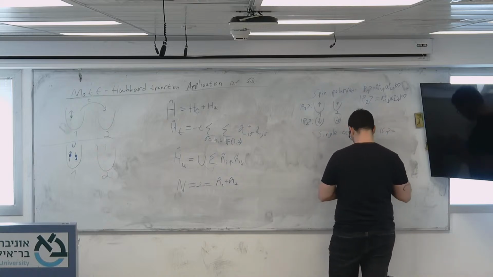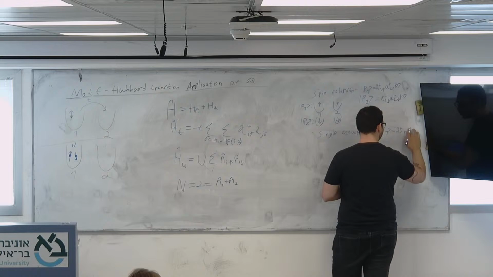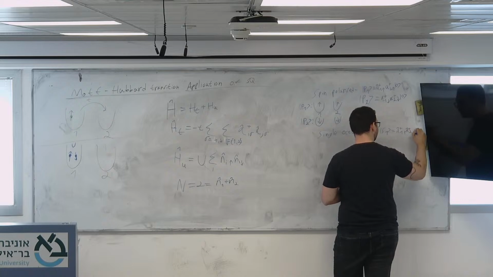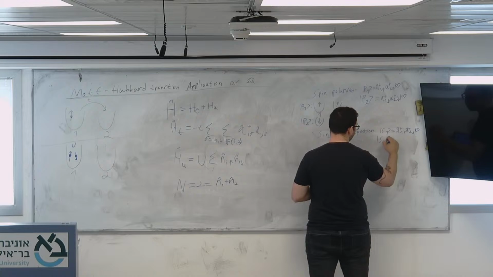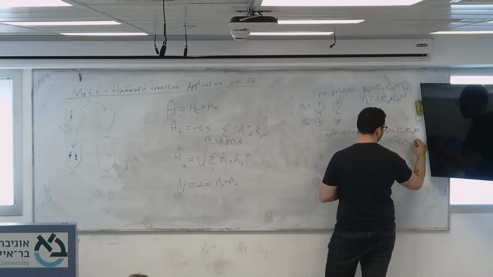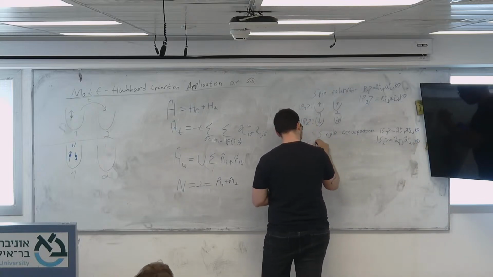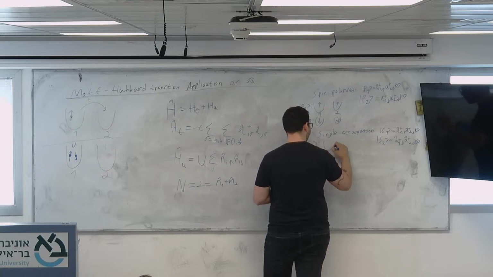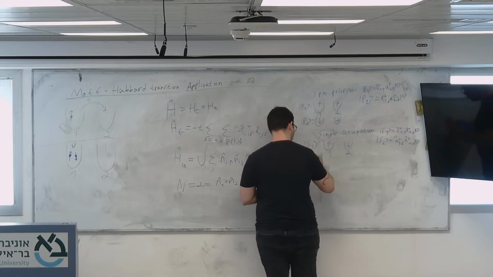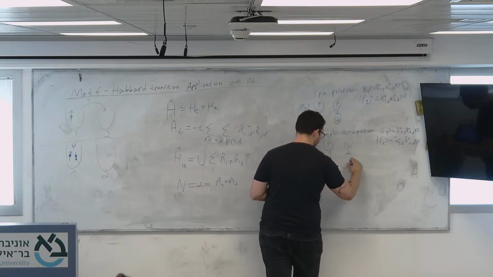S1 would be A1 up dagger times A2 down dagger acting on zero, and S2 would be A1 down dagger, A2 up dagger acting on zero, which will look like this.